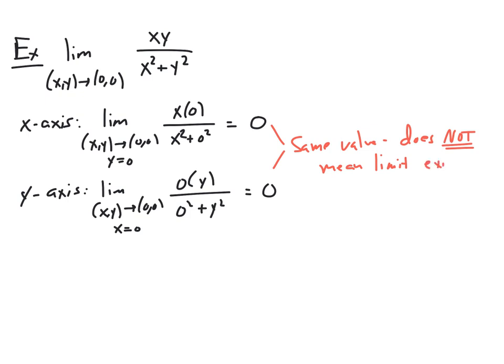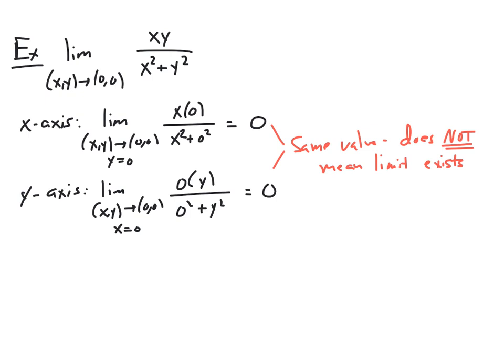What it means is that we don't know for sure that it doesn't exist. It is possible that the limit exists, but it is also possible that it doesn't exist. So if we come up with the same value here, what this tells us is that we should try a different approach on a different path.